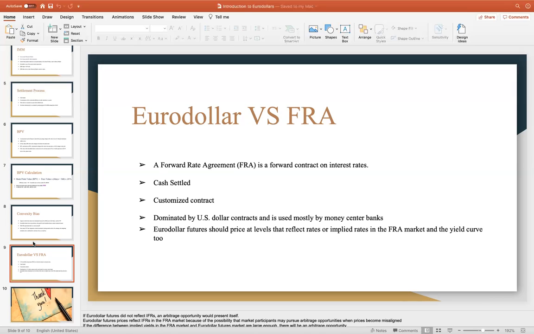Because there is a possibility that market participants may pursue arbitrage opportunities when prices become misaligned. And if the difference between implied yields in the FRA market and the Eurodollar markets is large enough, there will be an arbitrage opportunity too.